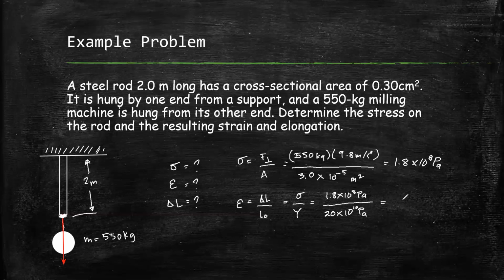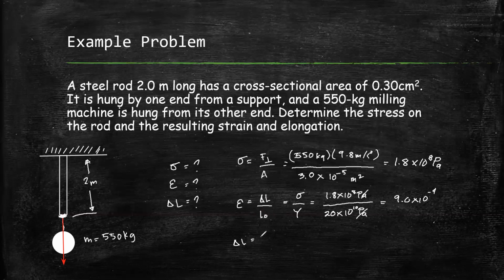Therefore, our strain is equal to 9.0 times 10 raised to negative 4. And it is unitless. Okay. Now for the elongation, we can use this formula.